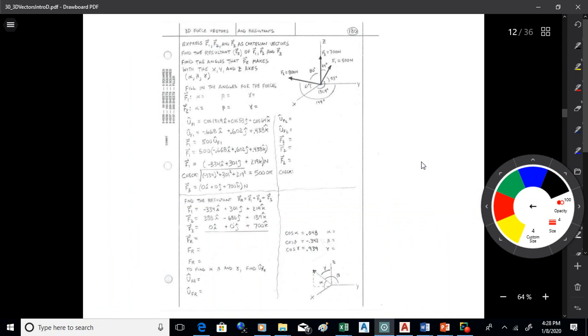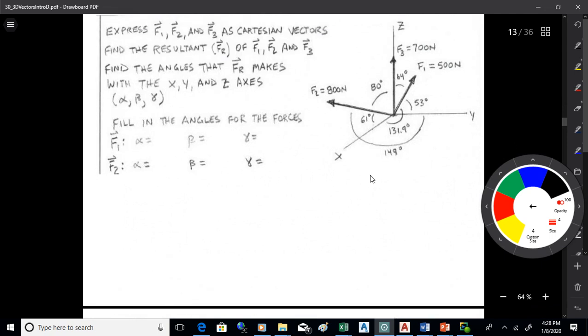So there's page 180. What we're going to do is add 3 vectors together and get a resultant, kind of like what we were just doing in 2D, but now we're going to do it in 3D. I've got 3 vectors, F1, F2, and F3. F3 is going right in the Z direction, so that one's pretty easy. But let's get alpha, beta, and gamma for F1 and F2.